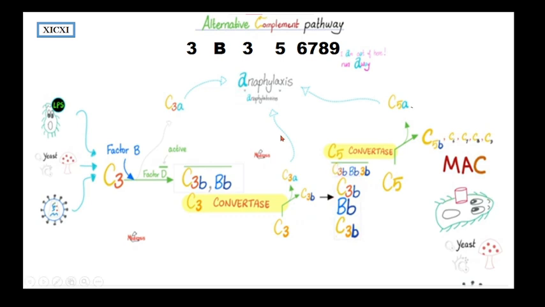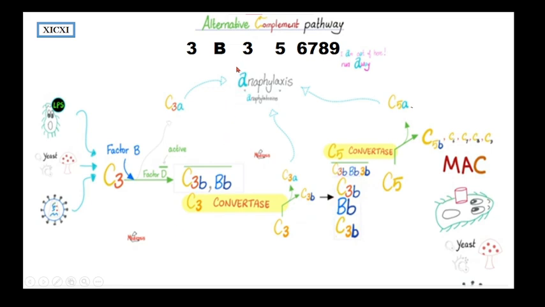This means they are going to have the endotoxins, either lipopolysaccharides, fungi, or virus, which will activate C3b. In the presence of factor B and factor D, which is activated, we are going to form C3b and Bb, and together the two form what you call C3 convertase.